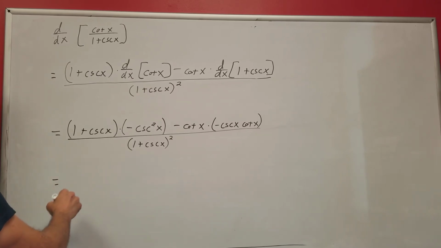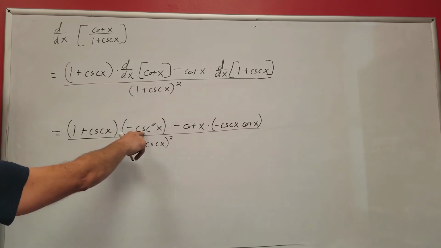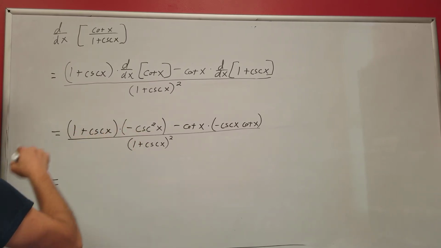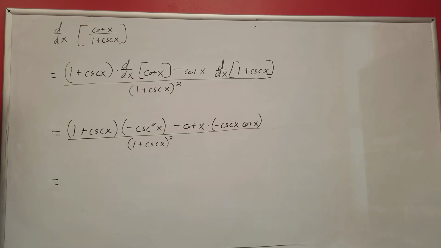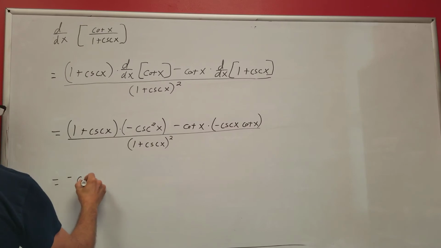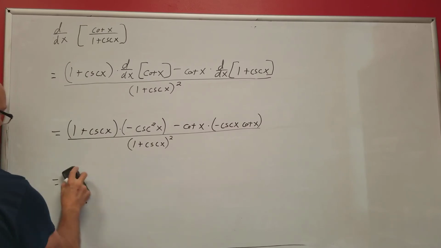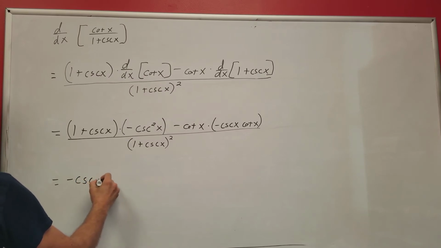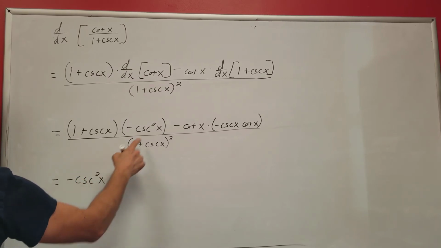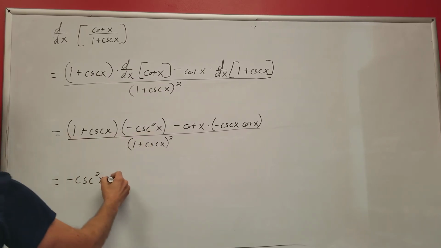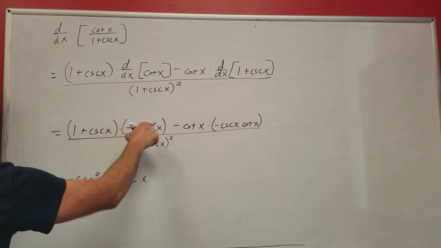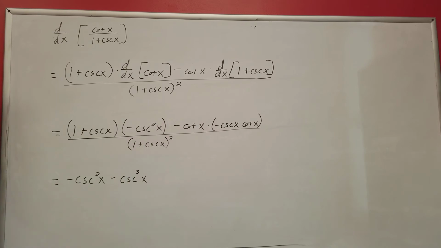Well, let's see. If I go ahead and distribute this cosecant squared in here, what am I going to get? I'm going to get negative cosecant of x squared, because we multiplied by 1, minus cosecant of x, but this time to the first times squared gives me cosecant cubed, right?